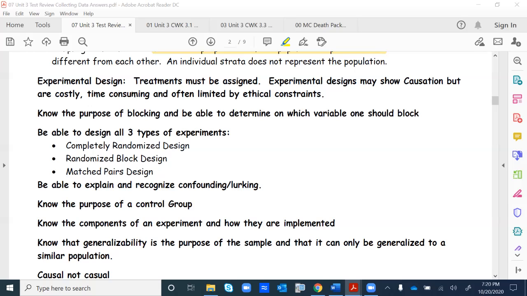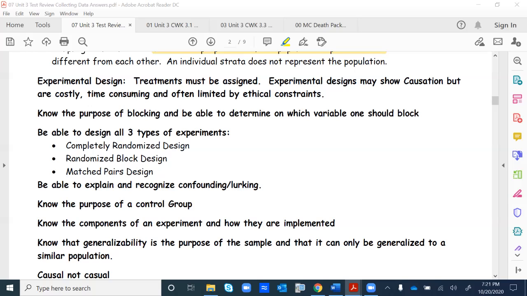What I do want to say is that when something is confounded, it means you don't know what is causing the change you're seeing. And the lurking is the underlying variable doing it. So if you swap them out on the test, you're not going to have any issue. How do we combat confounding variables?